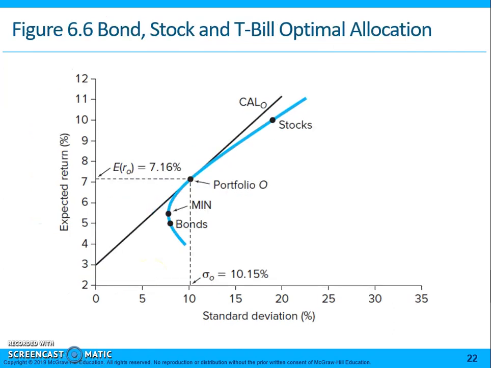Going forward, we can see our optimal portfolio, which is the point where the capital allocation line is tangent to the investment opportunity set. Here we'd have an expected return of 7.16 and a standard deviation of 10.15. So this graph shows the bonds, minimum variance portfolio, optimal portfolio, stocks, and then our capital allocation line.